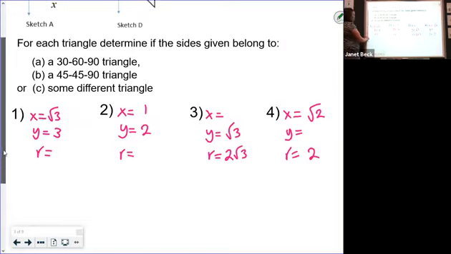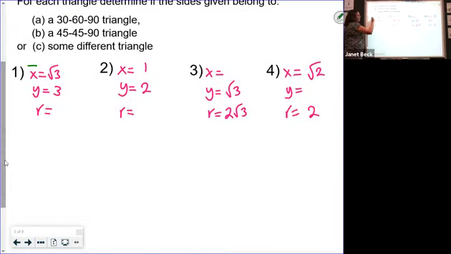So on number one, we know it's not a 45, 45, 90 because the legs aren't the same length. If you can't spot that that's a 30, 60, 90, then try this. Use the Pythagorean Theorem, and we know it's a 30, 60, 90 if R equals double the short leg.